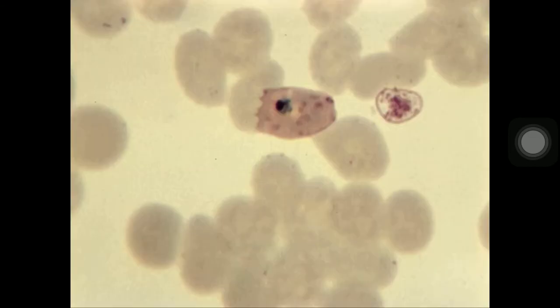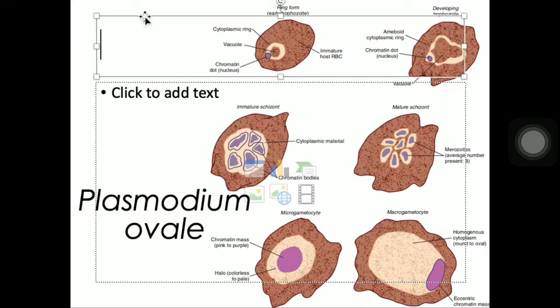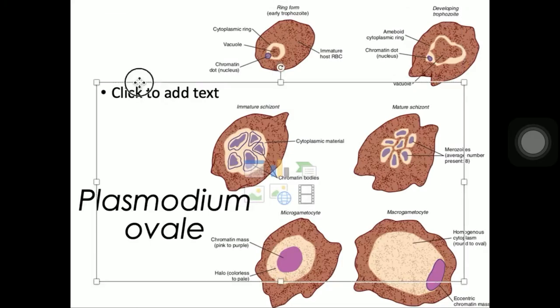Okay, here's the image. Okay, this one is your Plasmodium ovale trophozoite. So that is a Plasmodium ovale trophozoite. I haven't removed this yet. Sorry about that. There.